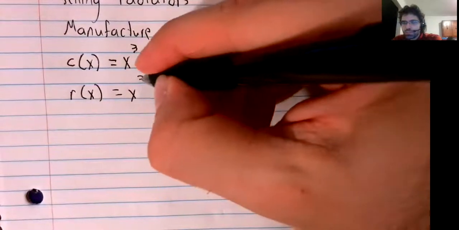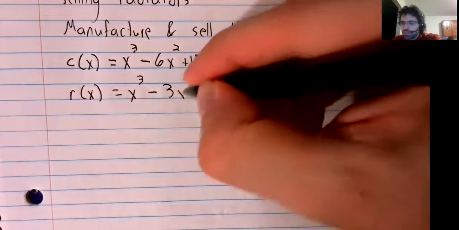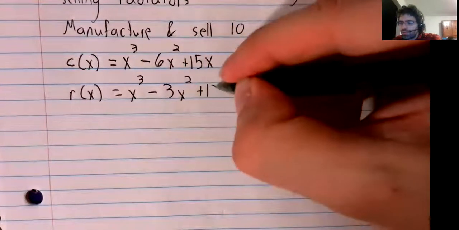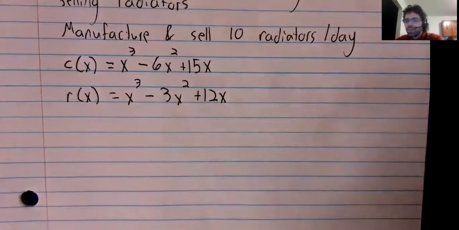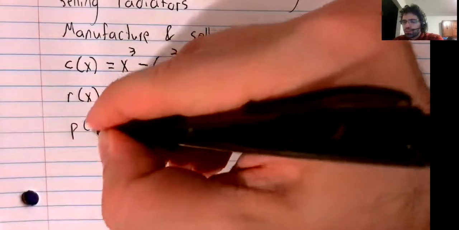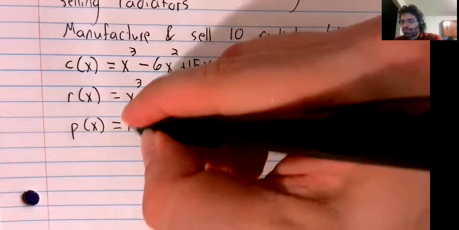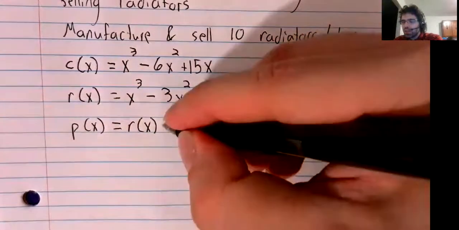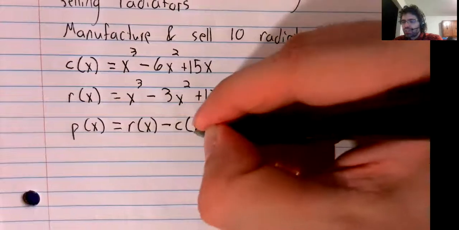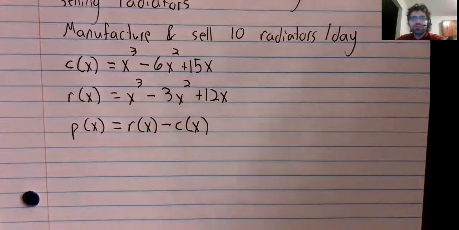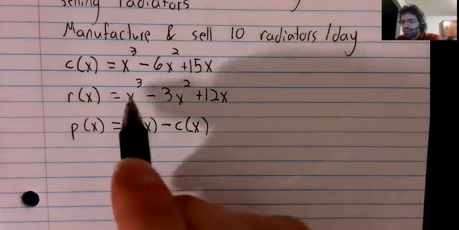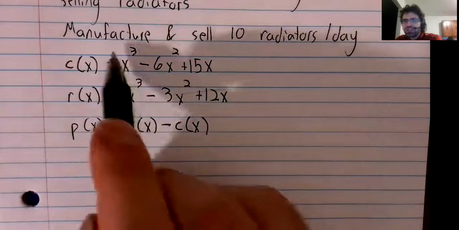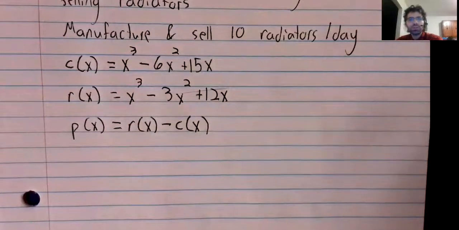And the revenue we generate can also be a cubic polynomial. And we won't write the formula for the profit down, except to make the observation that the profit is the revenue minus the cost. So this cubic polynomial minus this cubic polynomial.